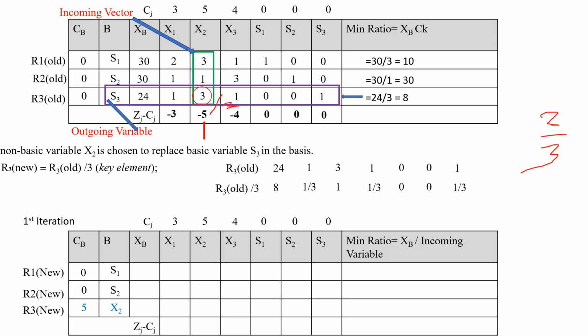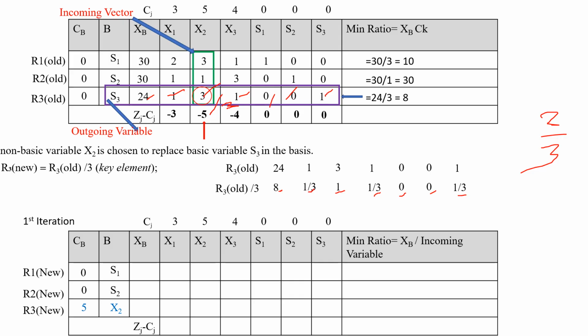So first I write down the R3 old elements, that is 24, 1, 3, 1, 0, 0 and 1. Then R3 old divided by 3 becomes 24 by 3, which is equal to 8, 1 divided by 3 is 1 by 3, 3 divided by 3 is 1, 1 divided by 3 is 1 by 3, 0 by 3 is 0, 0 by 3 is 0, and 1 divided by 3 is 1 by 3.